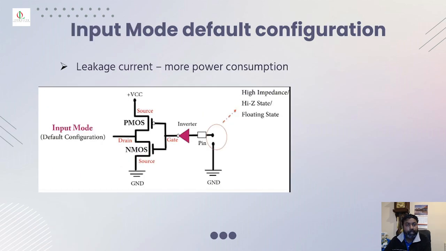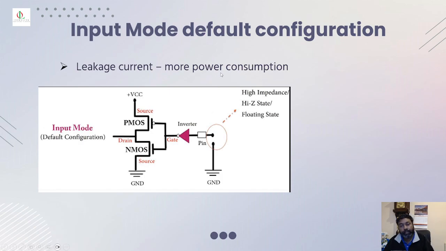We talked earlier a little bit about the high impedance state. That is when a pin is not connected to either ground or to VCC. If it is not connected and is in an unknown state, then it will fluctuate, and that makes the leakage current go higher. And when that goes higher, there is more power consumption.